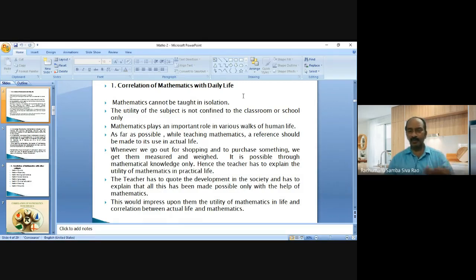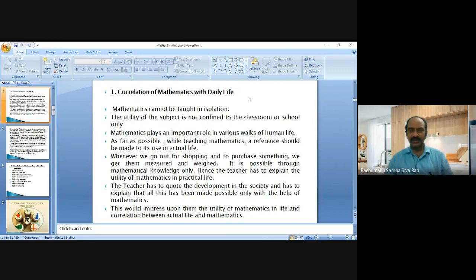For a tailor, a driver, a conductor, a bank employee, a scientist, whatever the profession may be, there should be an application of mathematics for success in that profession. So in that way, we have to correlate mathematics with daily life.